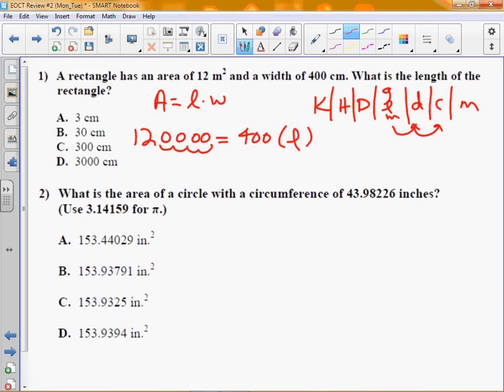centimeters times L equals, what is that, 120,000? So when I divide by 400, anybody? Cancel out my zeros.